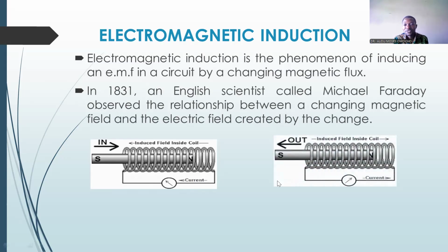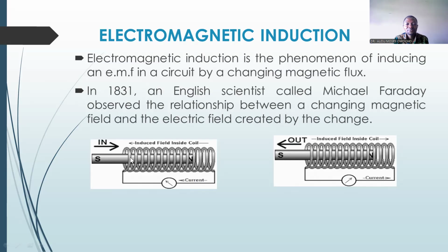He tried to remove it back, and the galvanometer equally deflected in the opposite direction. The deflection indicates the presence of current, then the direction shows how the current is flowing, which is opposite to the motion. He equally kept the bar magnet constant, moving the coil, and at each point, current was induced.